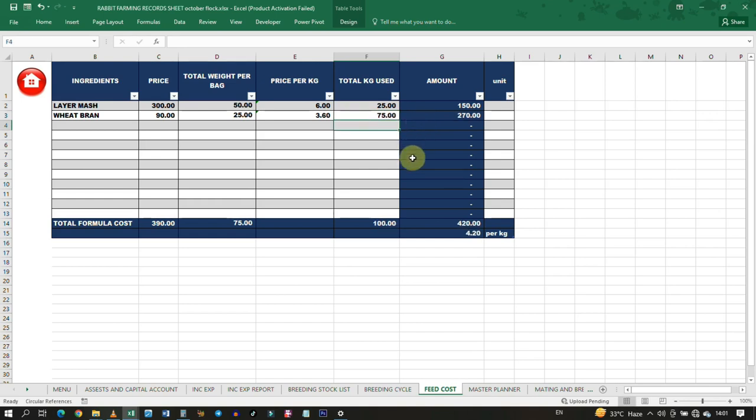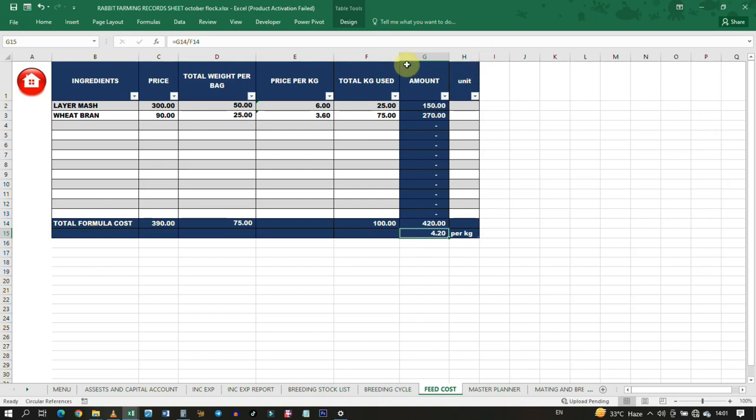So let's assume this is all your formula. Always remember to update this side in case you add something to it. So you have it here as 4.20 per kilo. I didn't put currency here because we had people purchasing from outside Ghana.